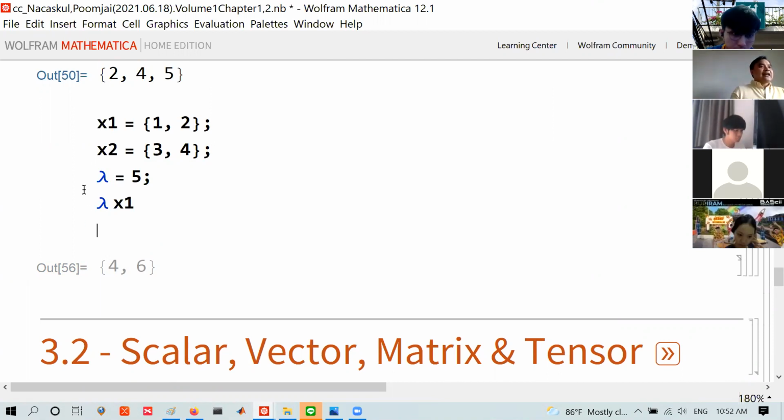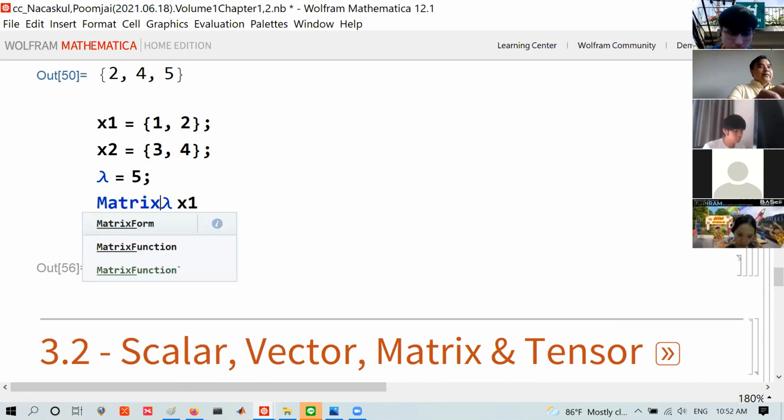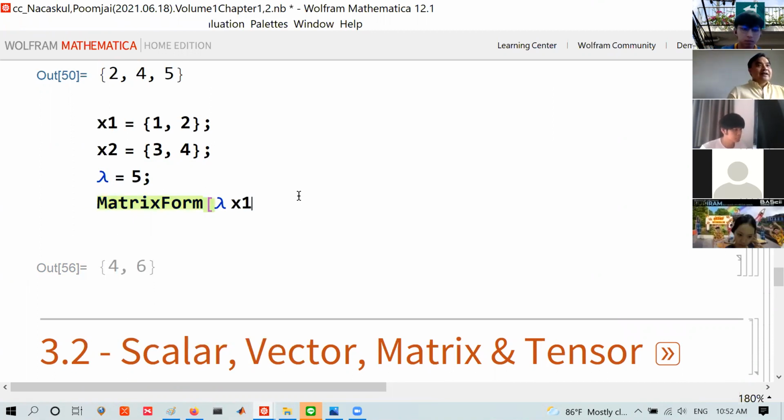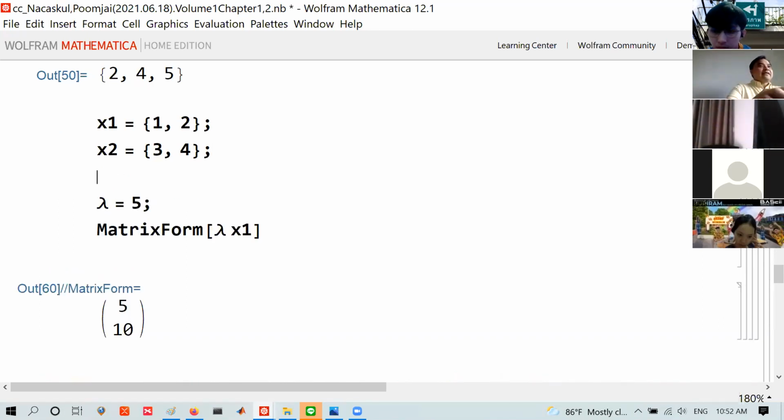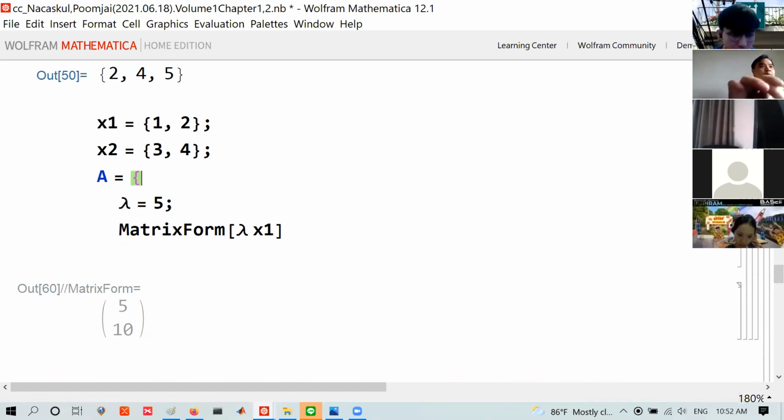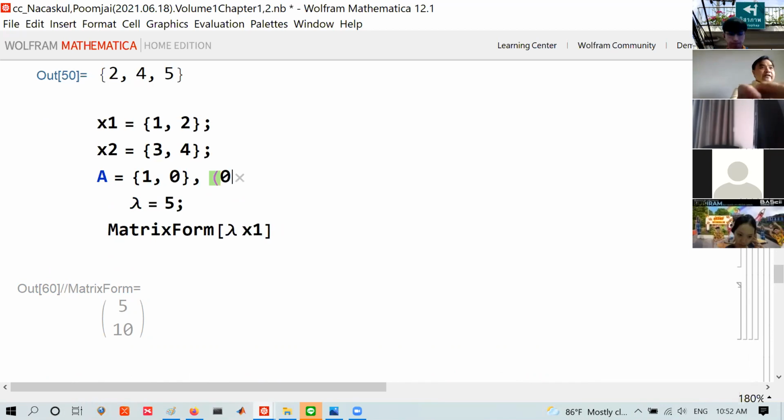Now let's put all this in matrix form so it looks nice. See, 1 and 2 multiplied by 5 each. 5 times 1, 5 times 2 is this. Now, what if I say I want a matrix A equal to 1, 0, and 0, 1?